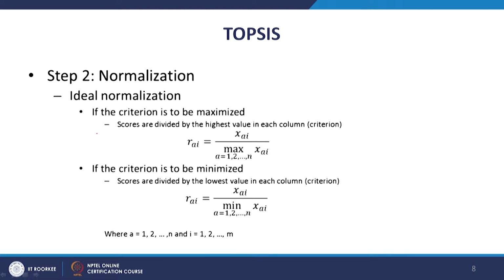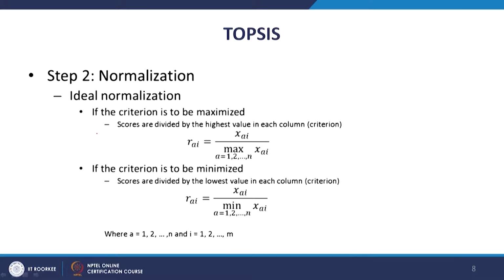Similarly, in the other scenario, if the criterion is to be minimized, the scores are divided by the lowest value in each column. With respect to each criterion, we take all n alternatives, and each score is divided by the minimum value out of those n scores.